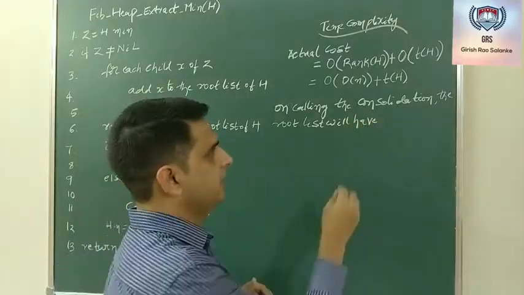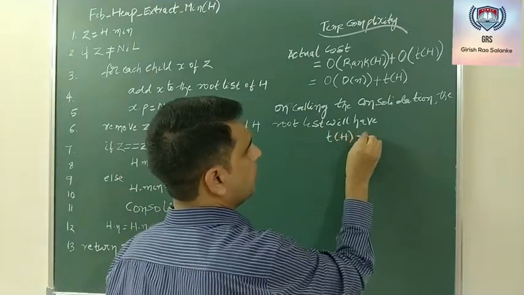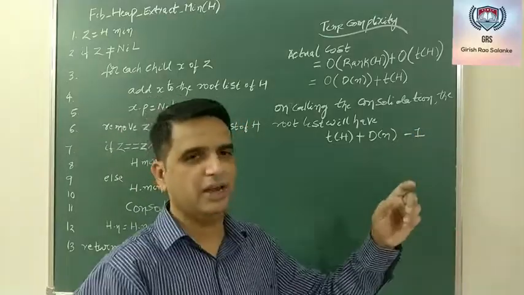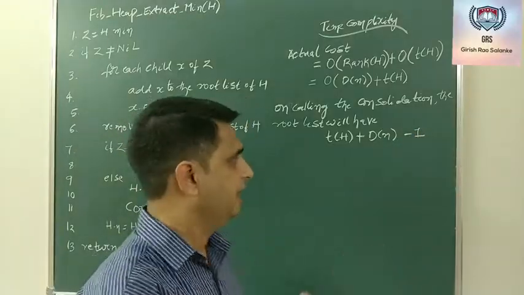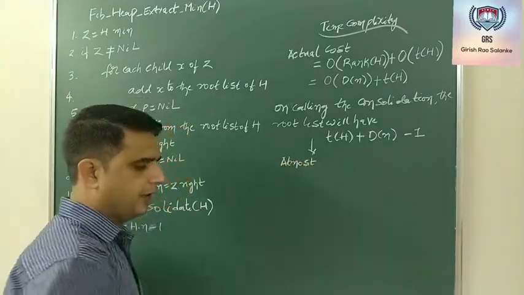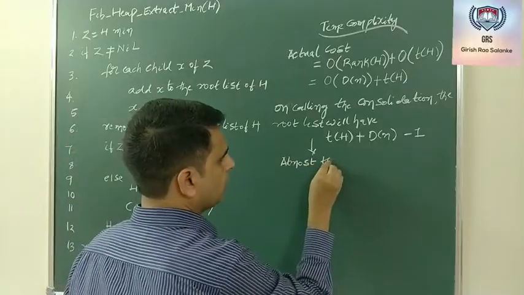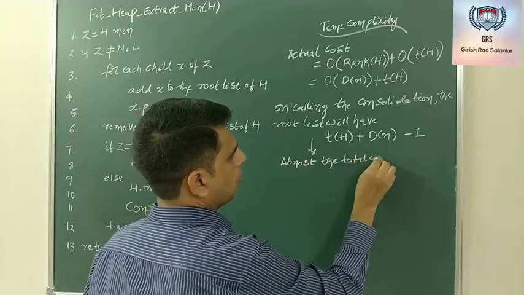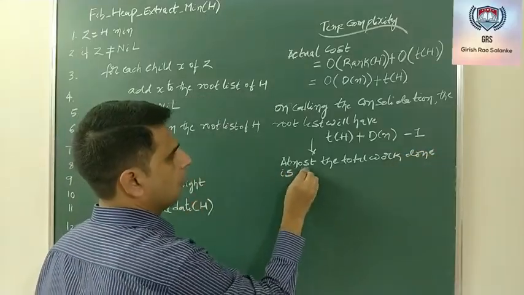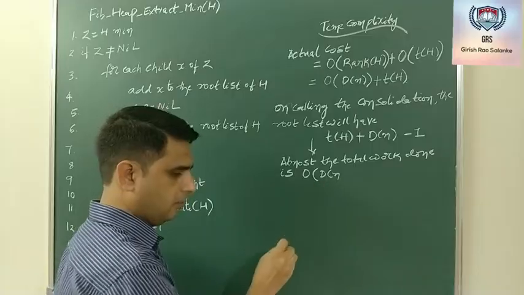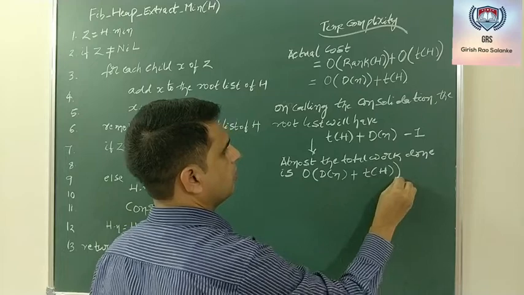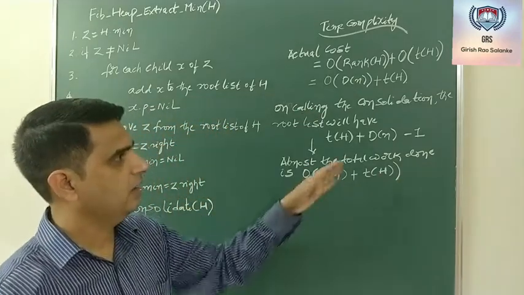First it already had t of h plus d of n minus 1. Minus 1 means I don't take into consideration the node that got deleted. At most, the total work done is order of d of n plus t of h. So this was after calling the consolidation.